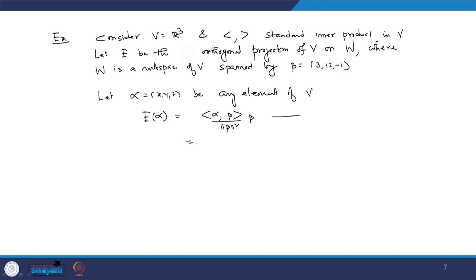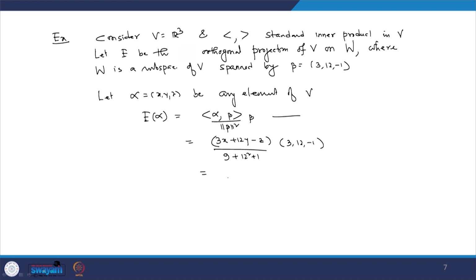So, alpha equal to (x, y, z), and I have taken the standard inner product. Therefore, I will have 3x plus 12y minus z, divided by the norm of beta squared, which is 9 plus 12 squared plus 1, times the vector (3, 12, -1).